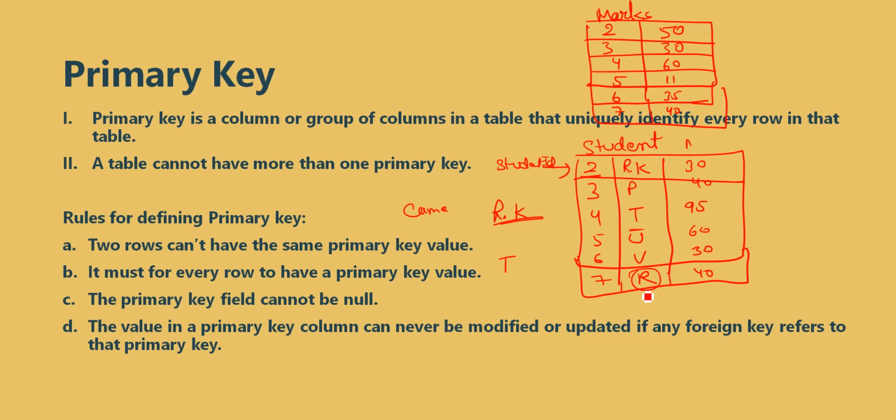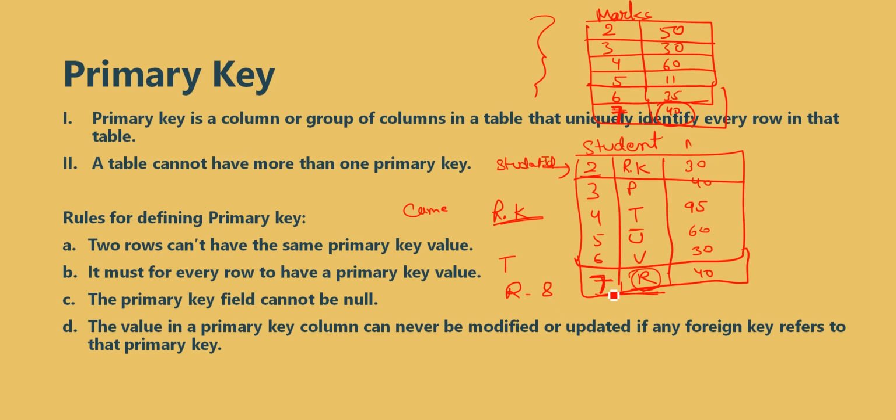Now let's say this R came to me and requested me to please change my student ID to 8. Now this is a problem. We already have a table, right? And in this table we have stored the student ID 7 representing this R, and he got 40 marks.